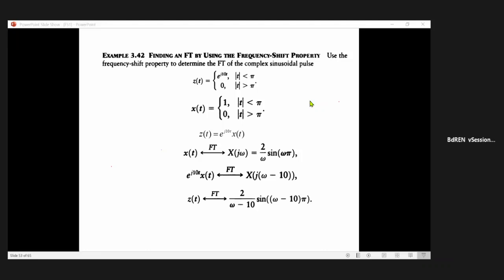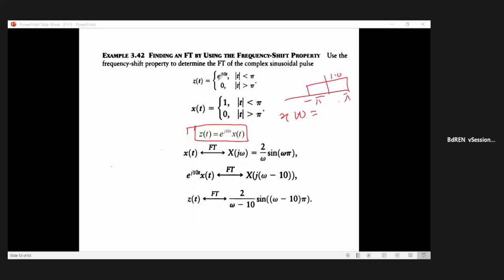Then we can easily find a relationship between x(t) and z(t). That relationship is equal to this. That means, actually, your x(t) is a pulse of unit amplitude from minus pi to pi, isn't it?